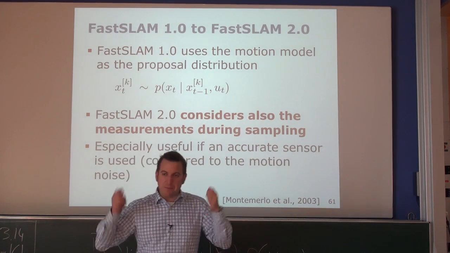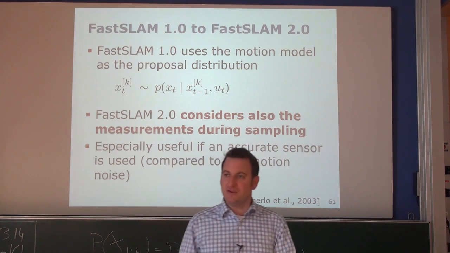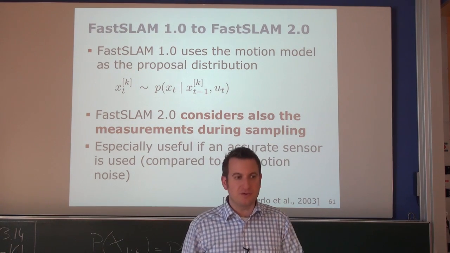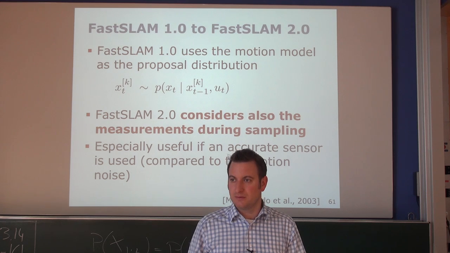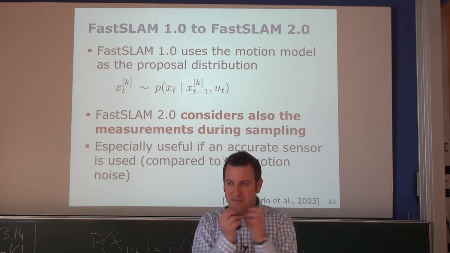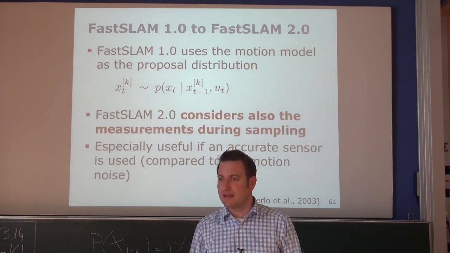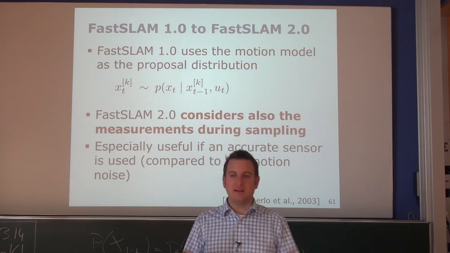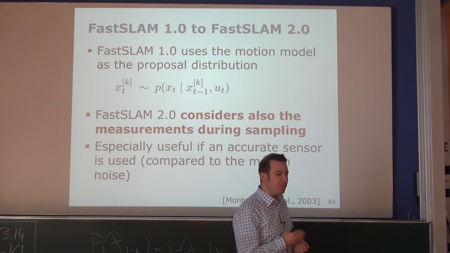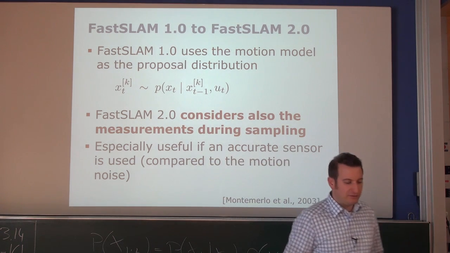So we compute a better proposal, and better means here a distribution which is closer to my target distribution. So more samples will end up in the likely areas of the state space, and many fewer samples will end up in low likelihood areas. This is the key step to bring this algorithm to the next level of performance.